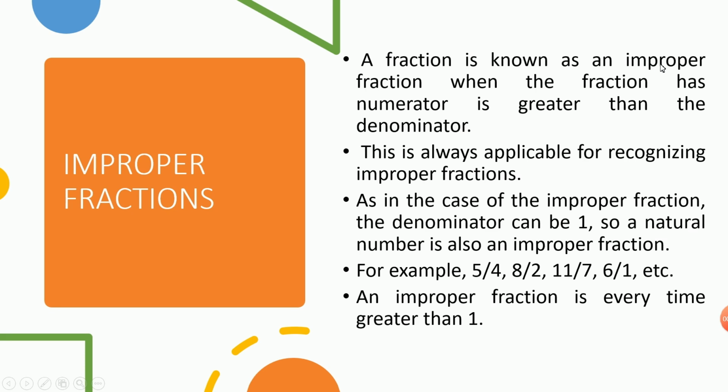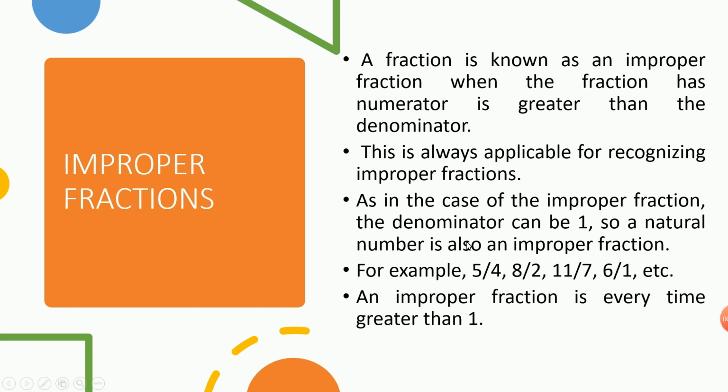A fraction is known as an improper fraction when the numerator is greater than the denominator. Again, this is always applicable for recognizing improper fractions. Here they have also given that, as in the case of an improper fraction, the denominator can be 1.